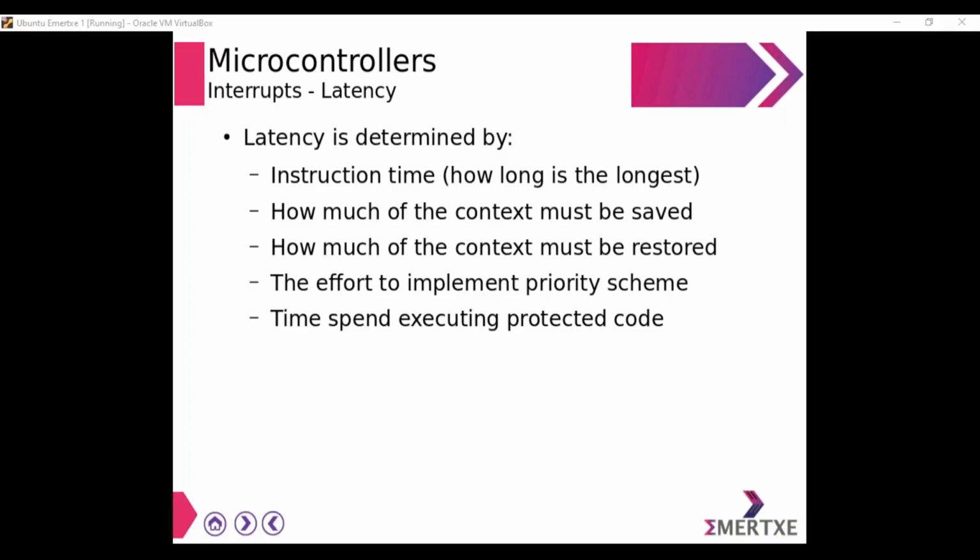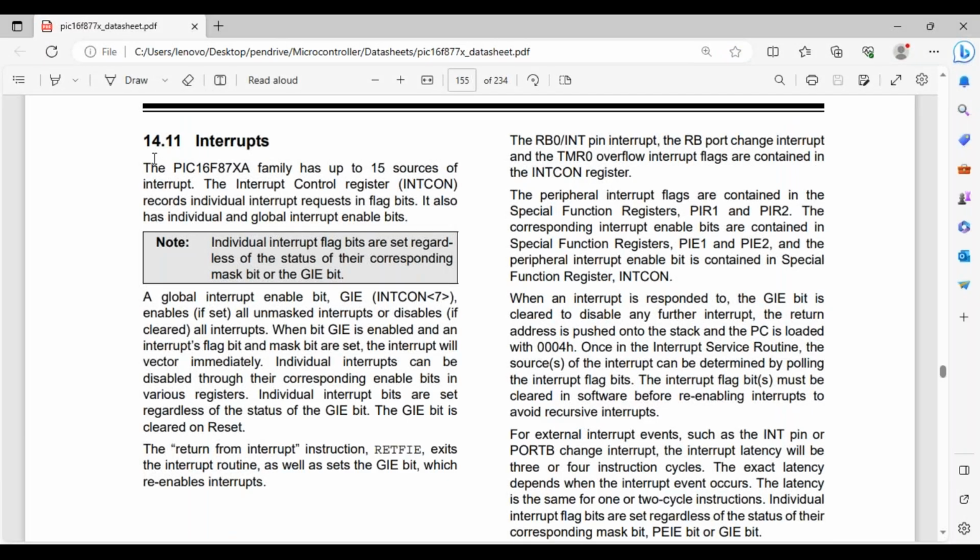When you look at the data sheet, we got to know that the PIC16F877A microcontroller has 15 sources of interrupt. Corresponding to these 15 sources, we started reading about the individual interrupt flag bit, the individual interrupt enable bit, and also the global interrupt enable bit.